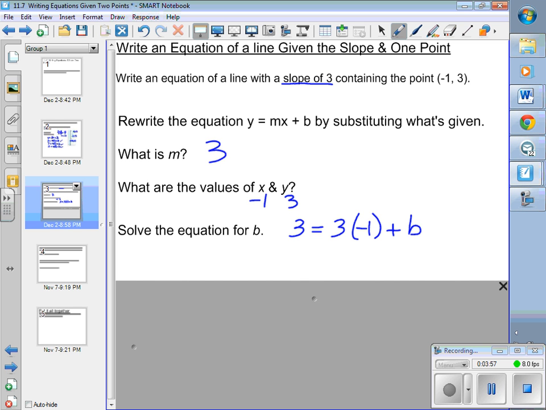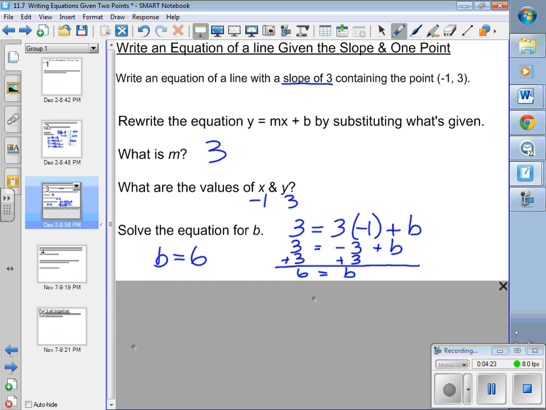We don't know what b is. 3 times -1 is -3 plus b equals 3. Add 3 to both sides. I get 6 equals b. So b is equal to 6.